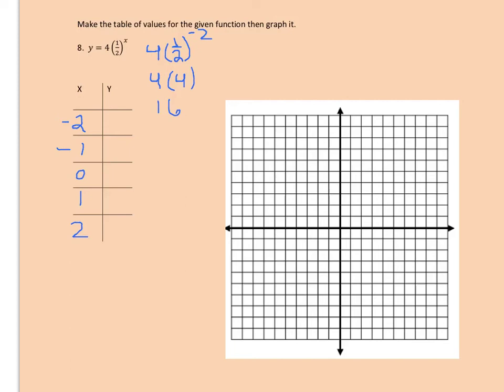Plug in the -1, you get 8. Plug in the 0, you'd get 4, because watch. What's anything to the 0 power? 1. 4 times 1, 4. Plug in 1, you get 2. Plug in 2, you get 1.